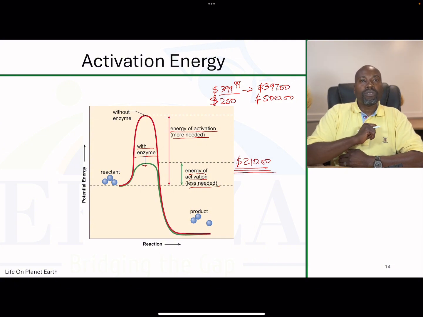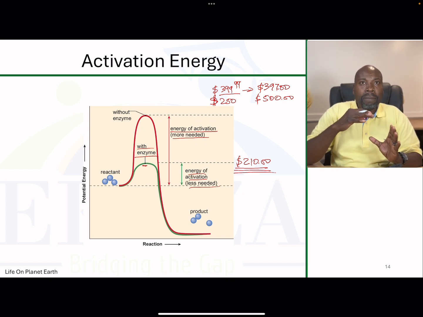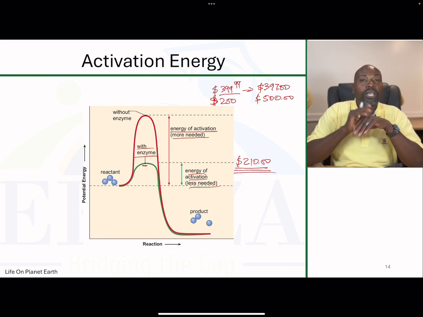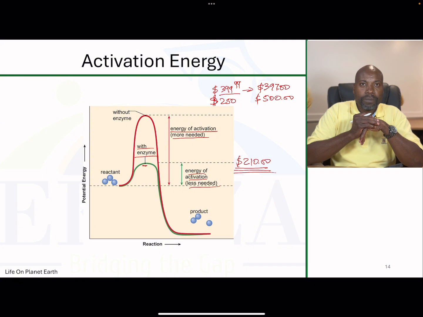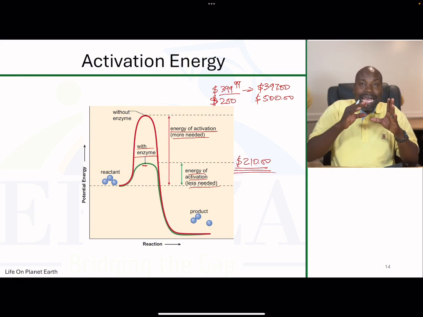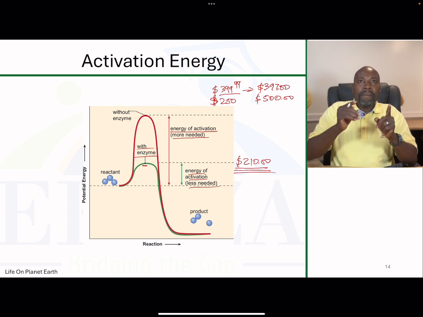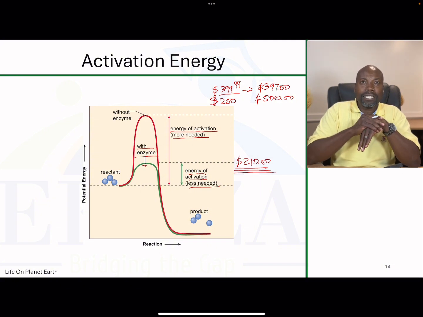Another thing I want you to remember is that most of the chemical reactions that are catalyzed by enzymes are intended to happen in the cell, with or without the enzymes. The question is, at which pace are these chemical reactions going to happen? And what sets the pace? What sets the pace is the amount of energy that is needed for this chemical reaction to happen and the amount of energy that is present in the cell, right?